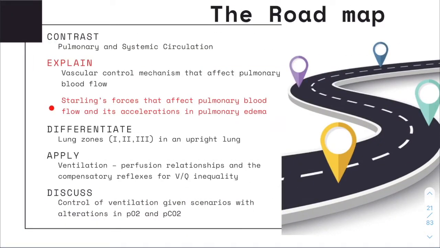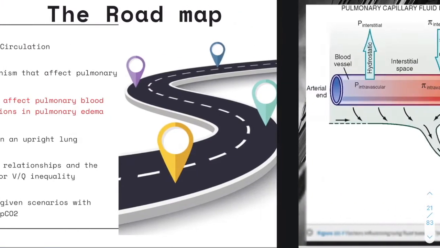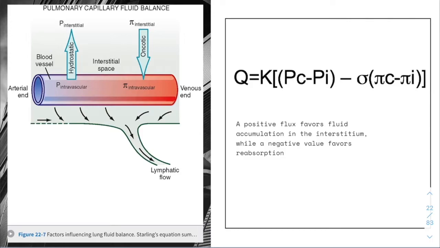So let's move on to your Starling's forces that affect your pulmonary blood flow and its acceleration or formation in pulmonary edema. Let's try to review the different forces involved in your Starling's equation. You have your hydrostatic pressure, which pushes fluid.